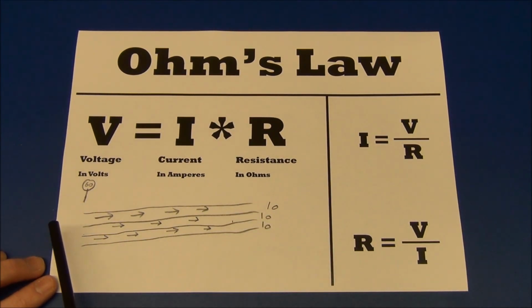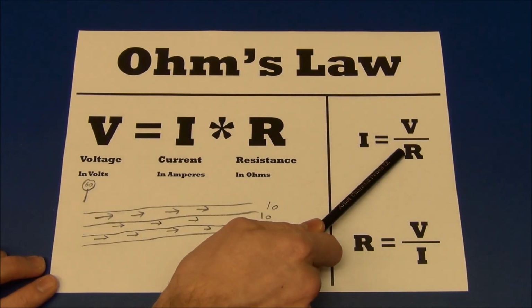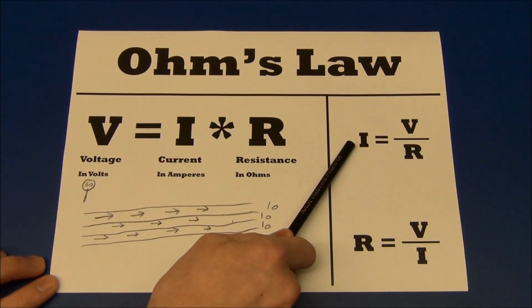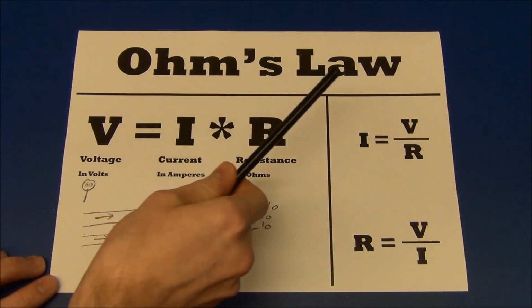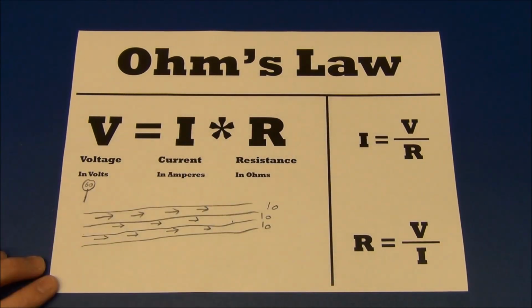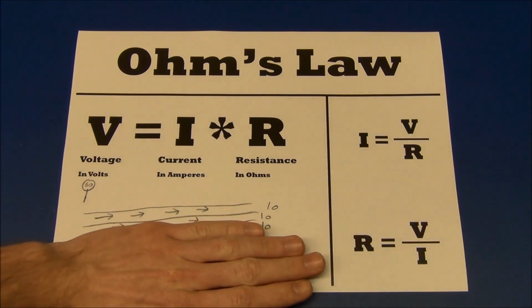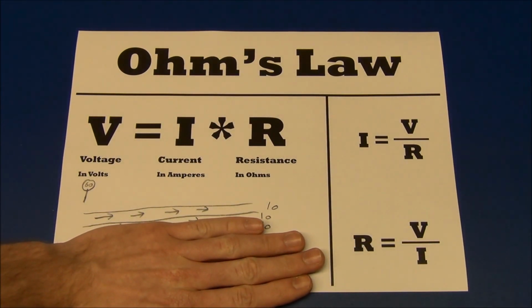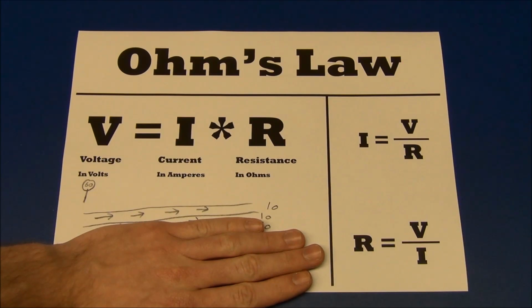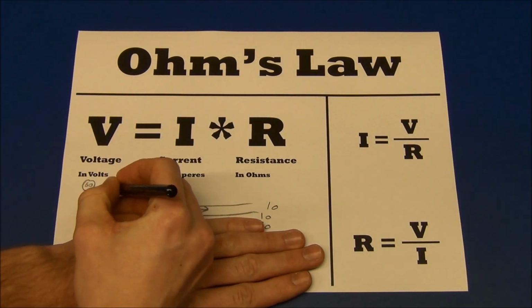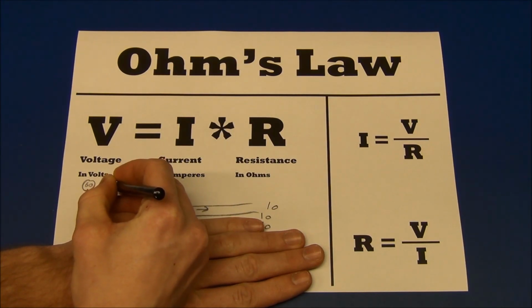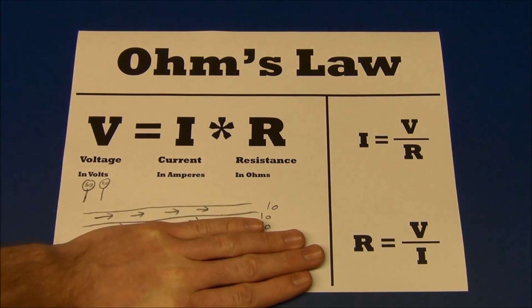So this is basically what happens. When the resistance decreases, the current increases, if the voltage stays the same. On the other hand, if we only had the 1-lane highway, I guess it wouldn't be a highway then, but imagine we allowed the cars to drive 100 miles per hour.